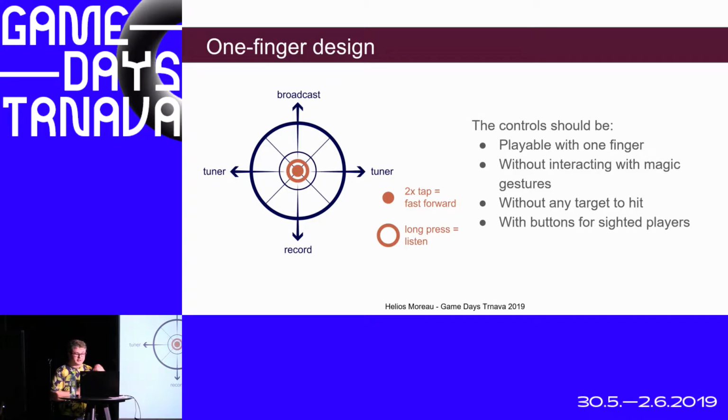And finally, in the meantime, when I was conducting playtests with sighted players, they almost always said that they wanted some buttons because they wanted to press buttons directly on the radio. And so what we did was try to design the perfect gesture mode that could match all those constraints. And spoiler alert, it didn't work.